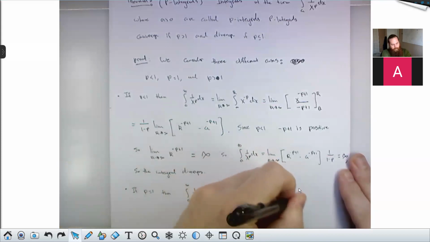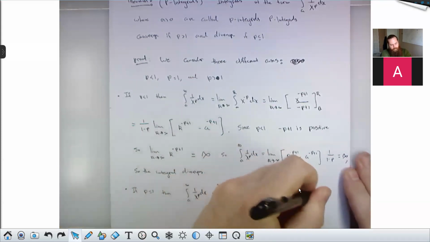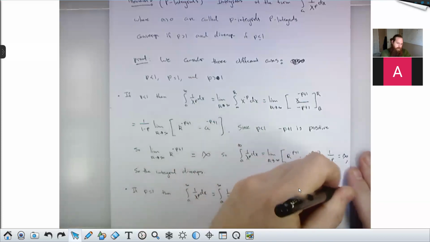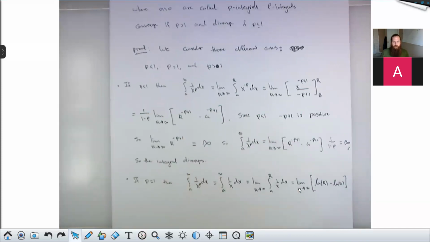This is the limit as r goes to infinity of natural log of r minus natural log of a. And this one's easy. In fact, we've already done this just in the special case where a is equal to 1.